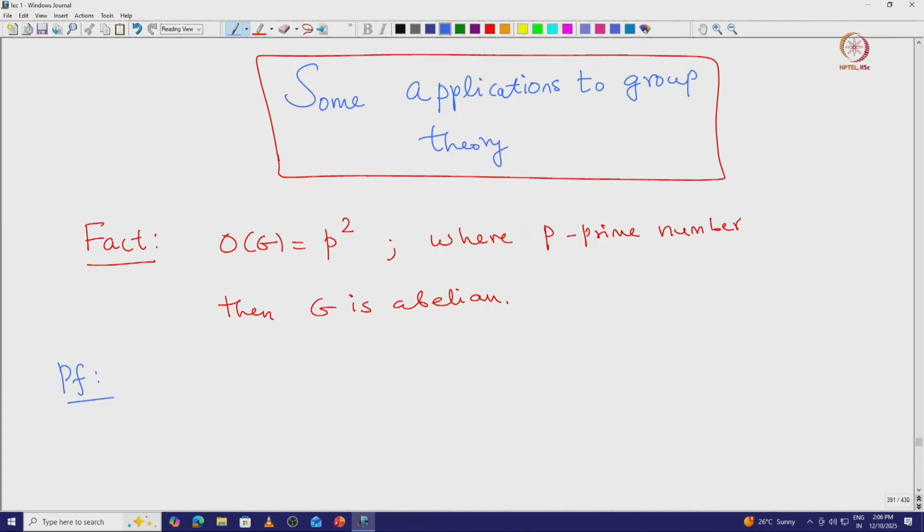We are going to use this important characterization of finite abelian groups in terms of representations.